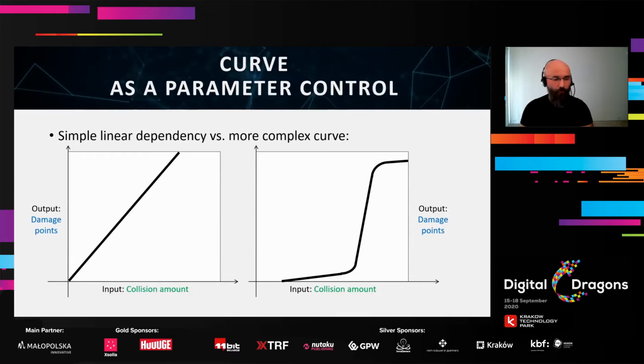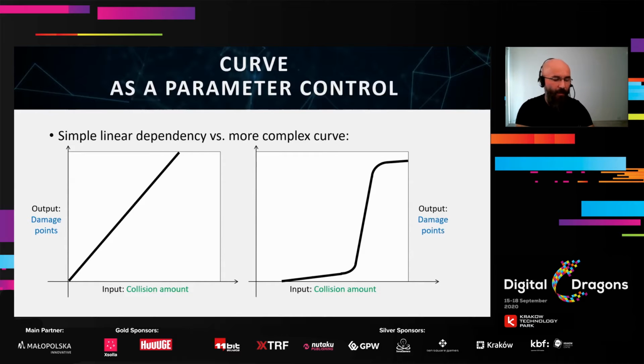And also, this is a more sophisticated way of approaching data control for our game. In many cases, a simple linear dependency is not enough when we want to control the behavior of something in the game through data. And actually we need a more advanced, more complex way to control a specific value.